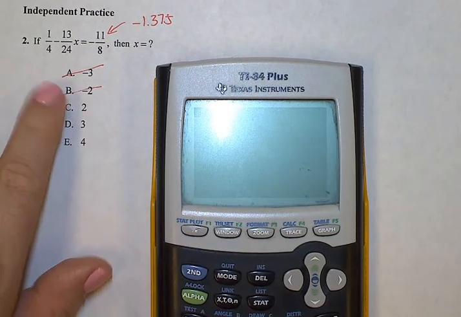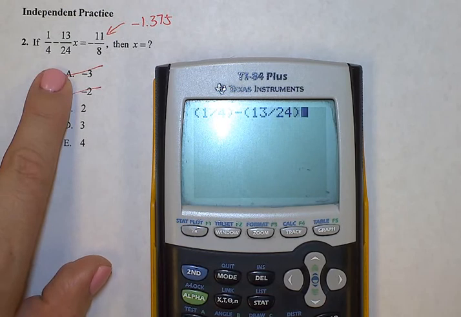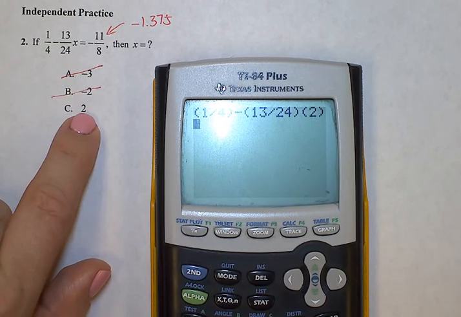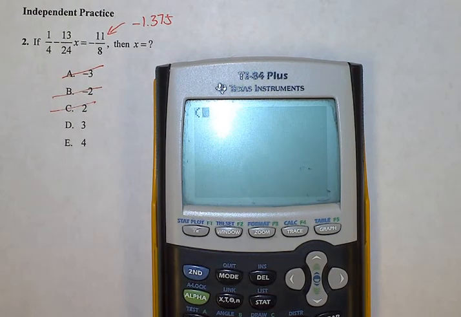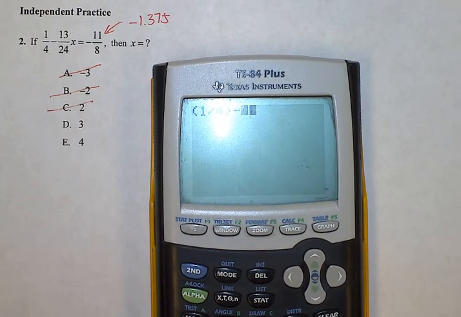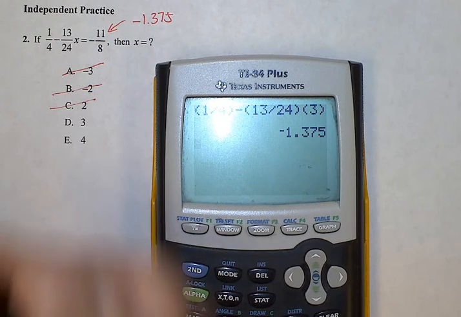Try positive 2. Incorrect. Substituting positive 3 in for x. There's our answer.